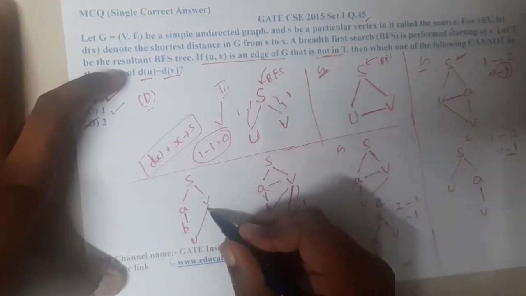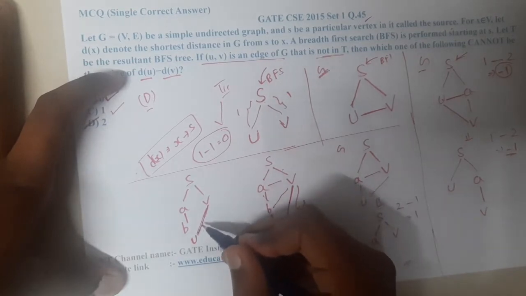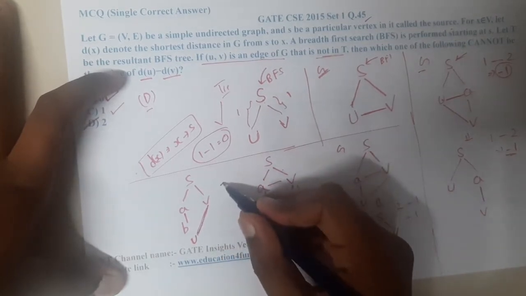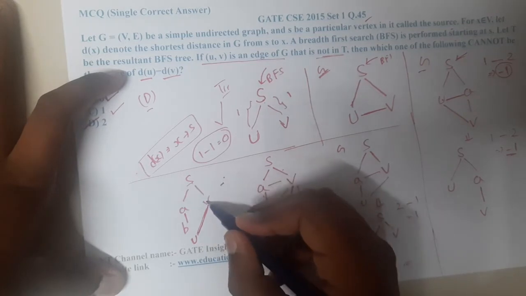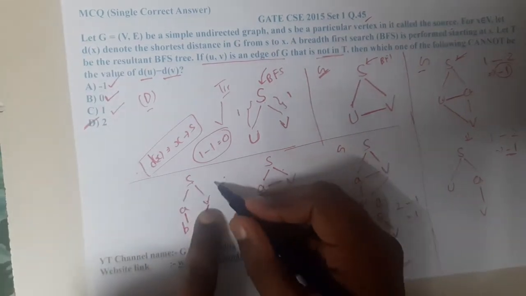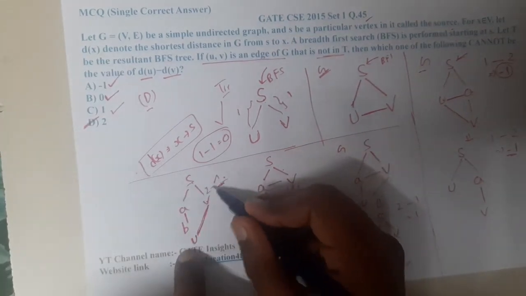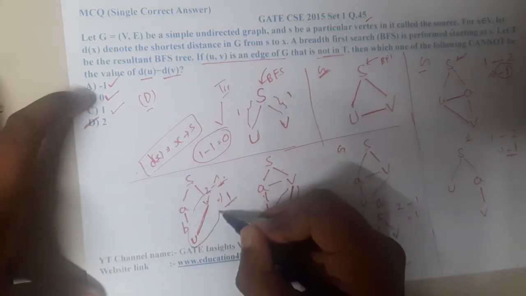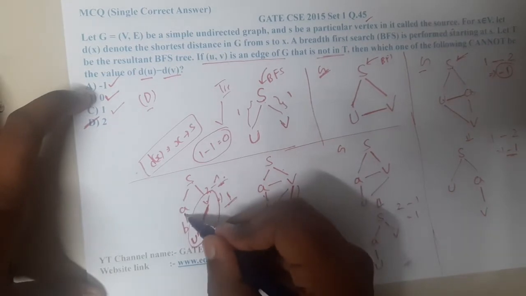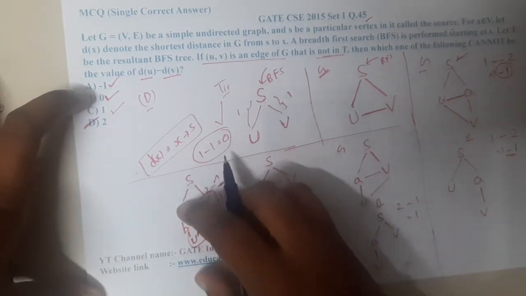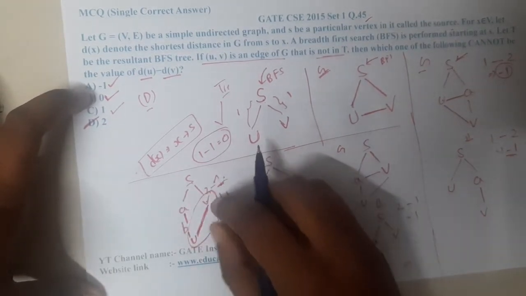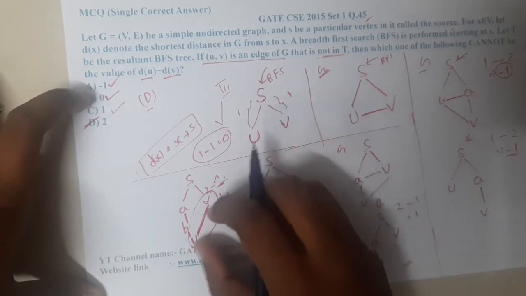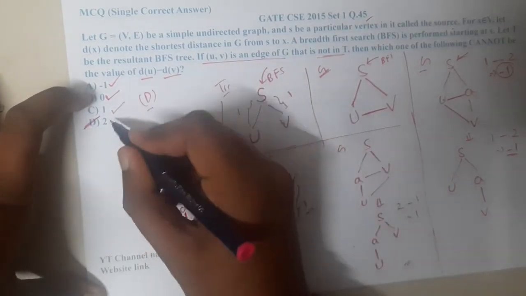Now the distance is again 1 only: the distance for U is 2 and for V is 1, so 2 minus 1 is 1. The main issue is that there is a direct connection between these two. If you try to increase the distance, it indirectly brings U to this side. That is the reason why 2 is not possible.